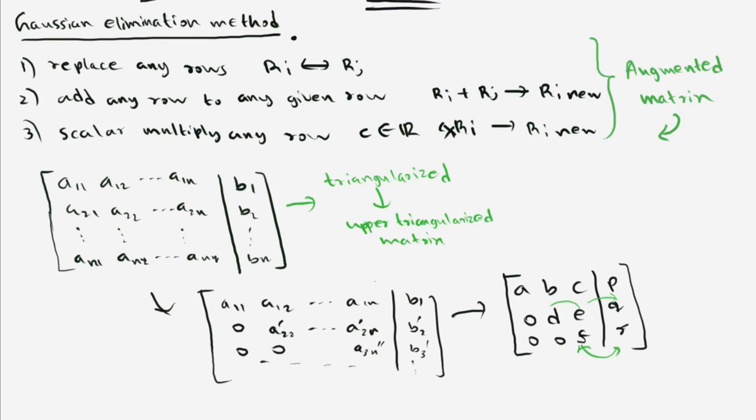So let's take some example. Suppose we are given a linear system like this: x plus 2y plus 3z equals minus 4, then 2x plus 4y plus z equals 30, then 3x plus y minus z equals 2.